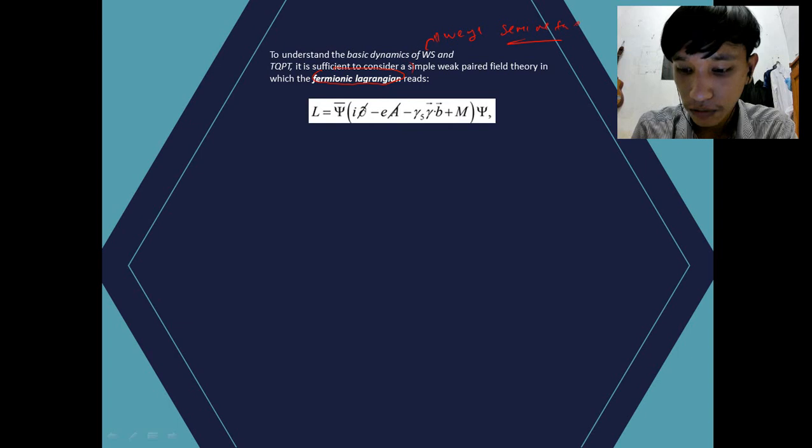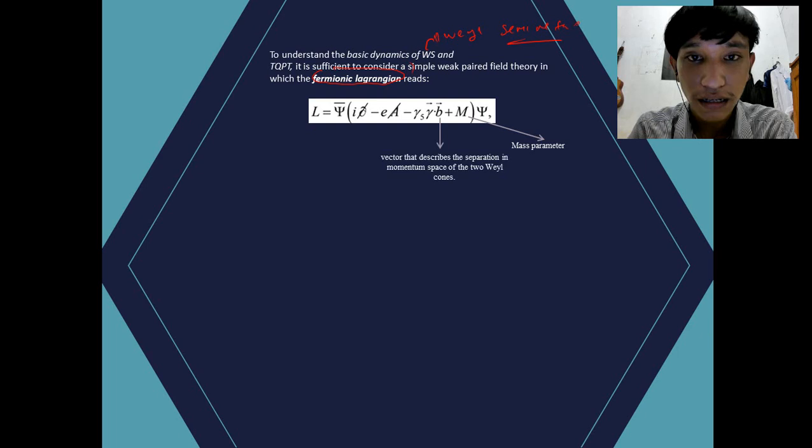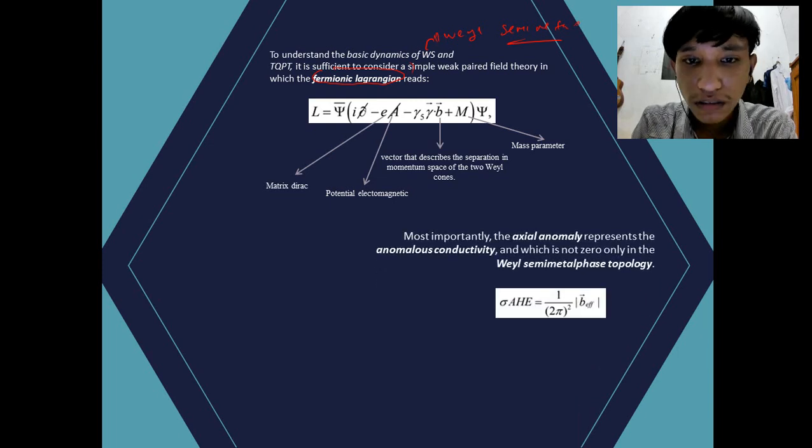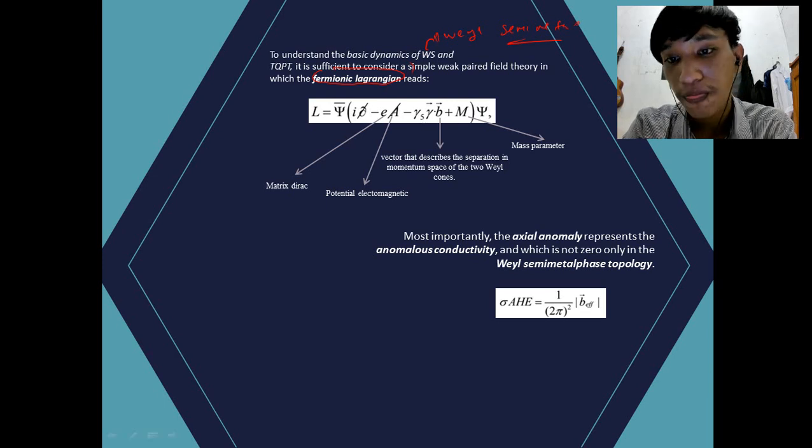So I want to explain: M is the mass parameter, B is the vector that describes the separation in momentum space of the two Weyl cones, A is the electromagnetic potential, and E is the vierbein metric. Most importantly, the axial anomaly represents the anomalous conductivity, which is not zero only in the Weyl semi-metal topology. You can see the equations for that.